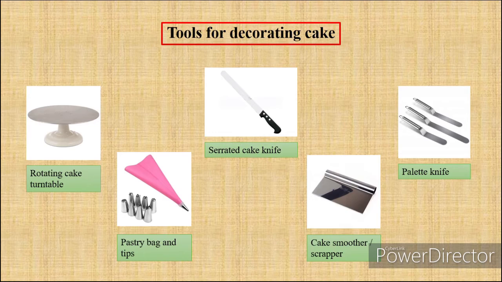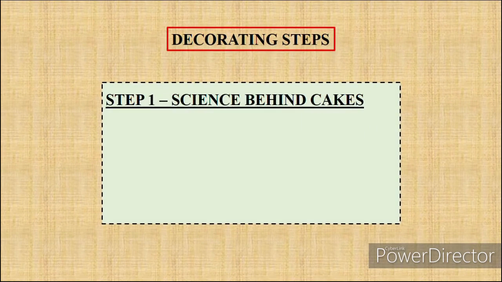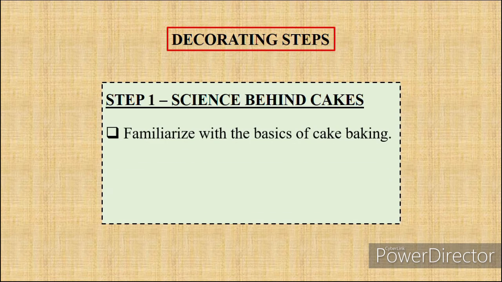Alright, so we will move to the decorating steps. The first one is the science behind cakes. Sounds interesting, right? Okay, so the first step, science behind cakes, means you need to familiarize yourself with the basics of cake baking first.